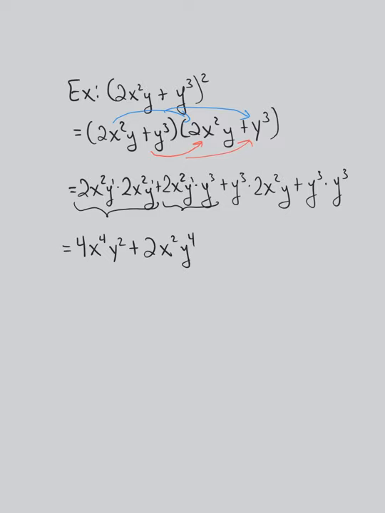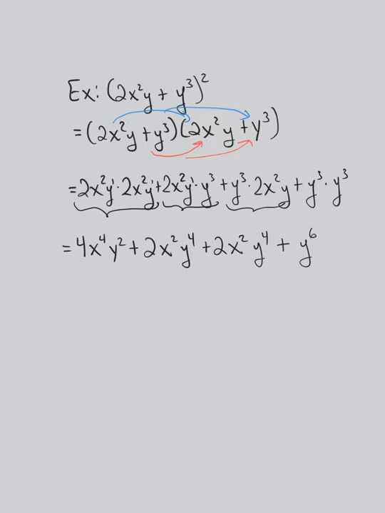Again, I know I'm being repetitive, but remember that means y to the first. Then for our number we have a 2, and there's only an x squared, but we have y to the third times y to the first, which would be y to the fourth. And then plus, our last term only has y's in it. 3 plus 3 is 6.